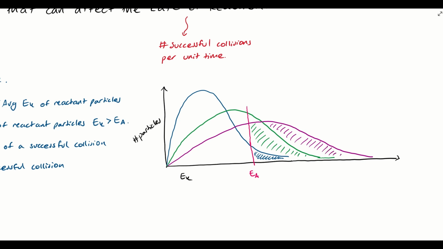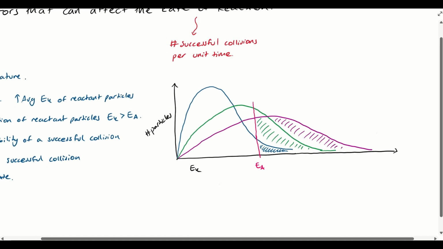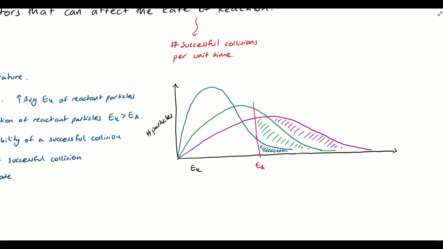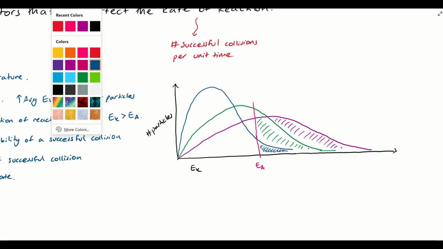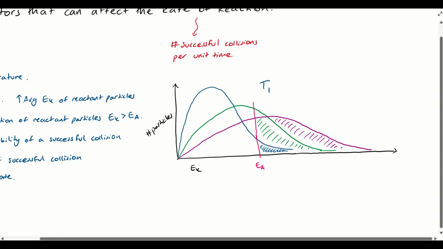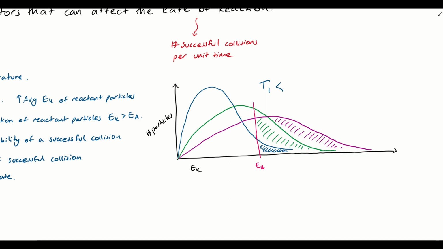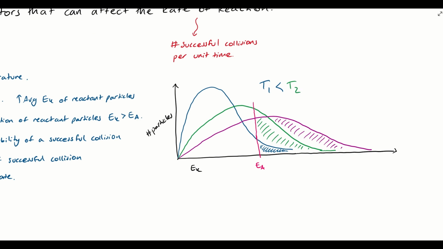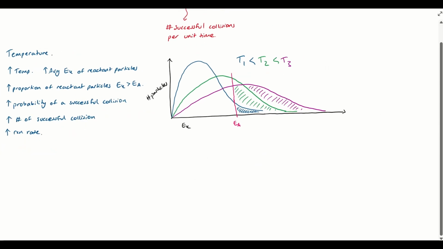Okay, so that's how temperature change can be demonstrated on a Maxwell-Boltzmann curve. And here it is important to note that temperature 1 in blue is less than temperature 2 in green, which is less than temperature 3 in purple. Okay, so that's how temperature can affect reaction rate.